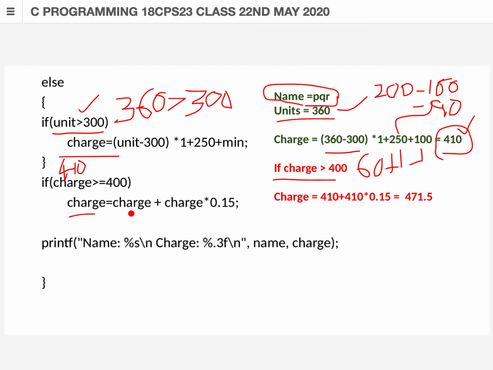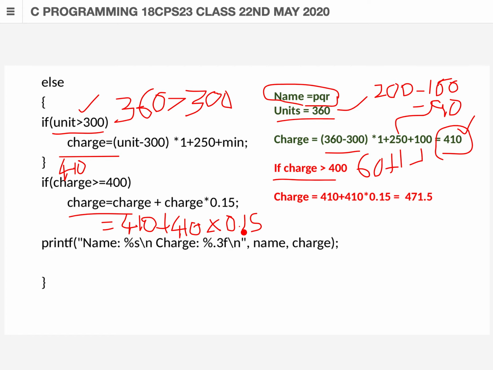Now we need to update this charge value. So charge is equal to 410 plus 410 into 0.15. So that 0.15 is the 15% surcharge that needs to be added.